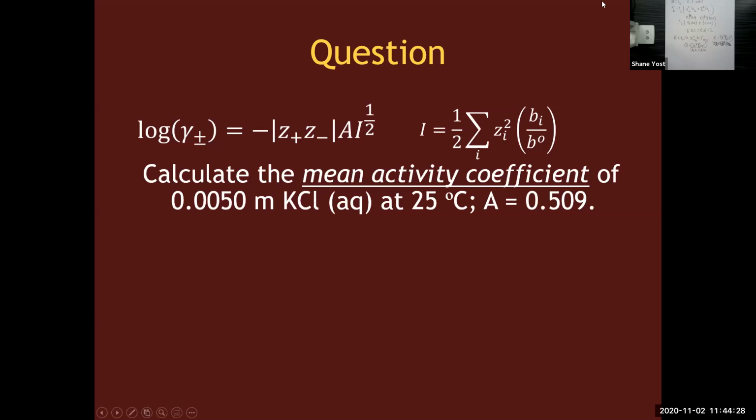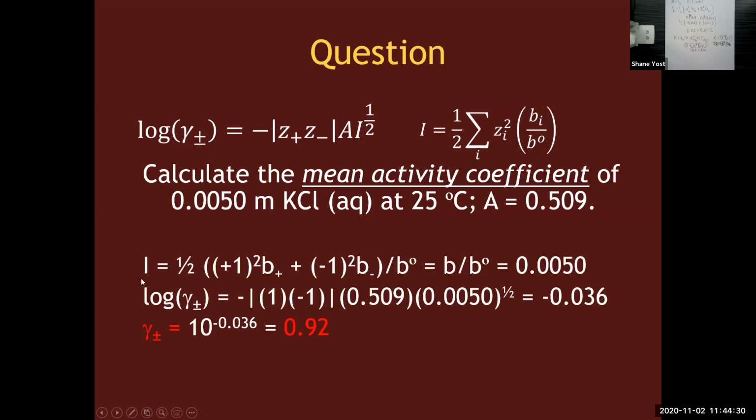So if we were to calculate this, first we calculate I, the ionic strength, which is 1/2 times the charge of the cation squared times its concentration, plus the charge of the anion squared times its concentration, which just gives you 1 times the concentration of potassium chloride, which was 0.005. So the ionic strength is 0.005. Then plug that into the equation for log gamma plus or minus.